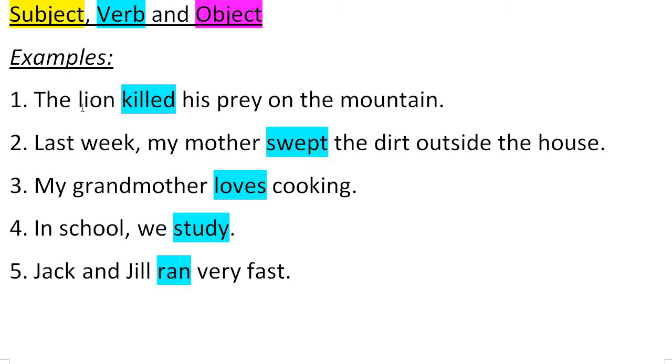Now the next thing we're going to look at is, do any of these have objects, and what are they? And then we'll get to the subjects, actually. Okay, so let's do the objects first. We'll reverse it a little bit. The lion killed his prey on the mountain. So look at that. This one's a little tricky. It's a hard one to start with. Okay, so you have to ask yourself, who or what is being killed? Give you a few seconds.